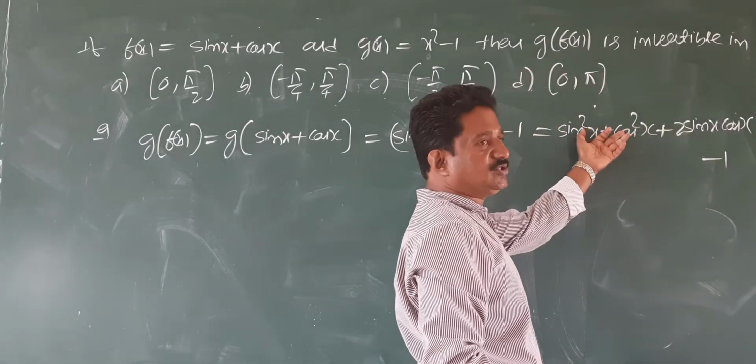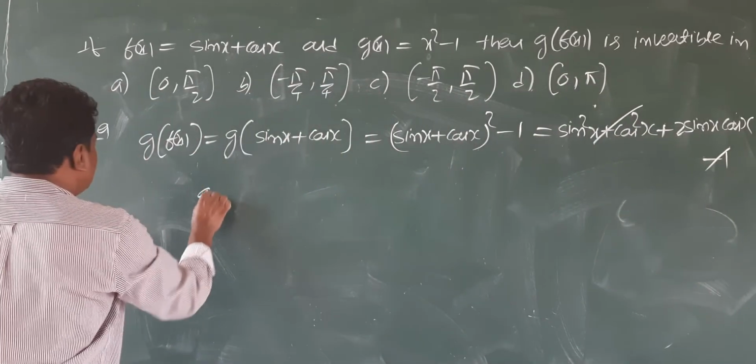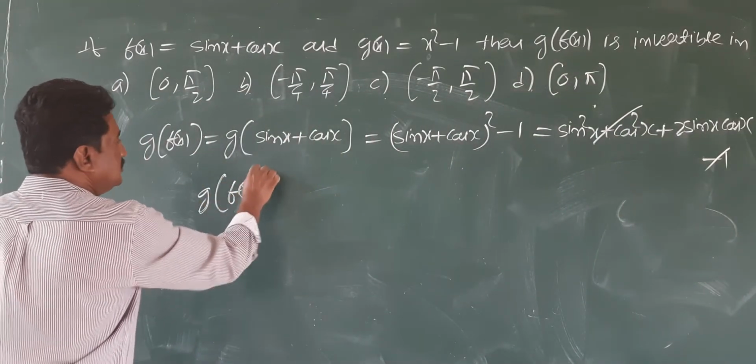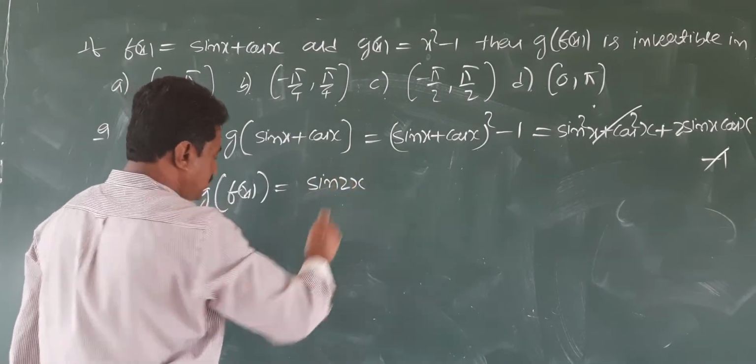Sin square plus cos square is 1, and the 1 cancels, so g into fx is equal to 2 sin x cos x, it is sin 2x.